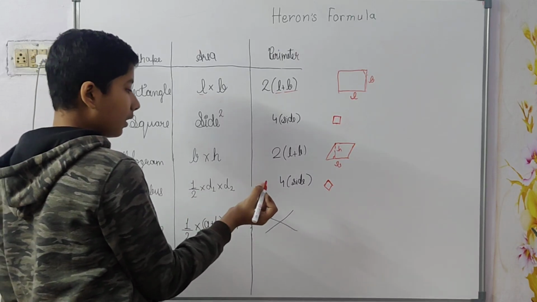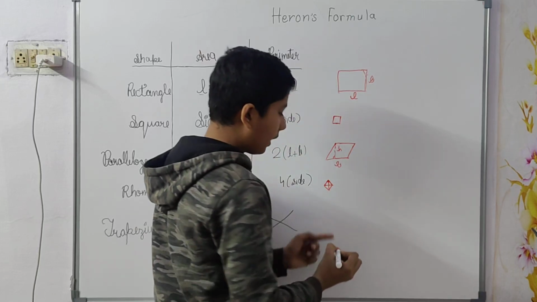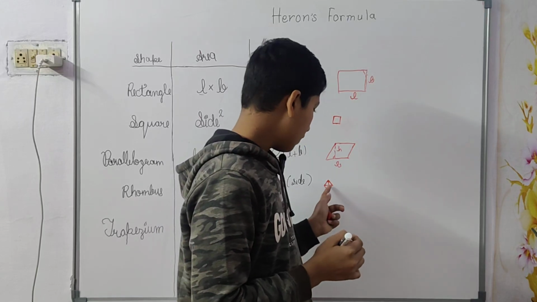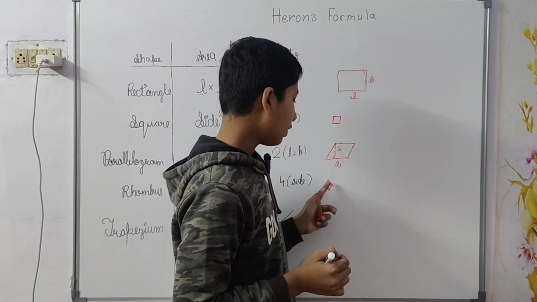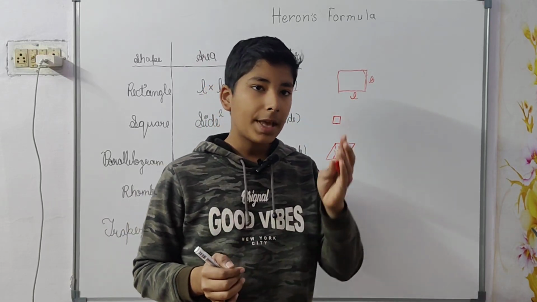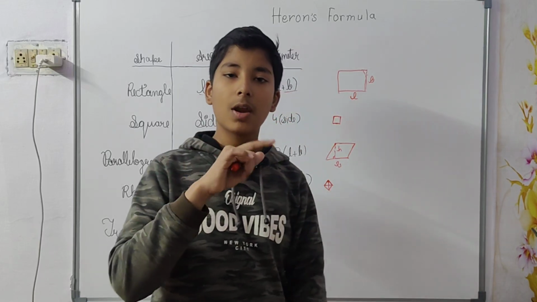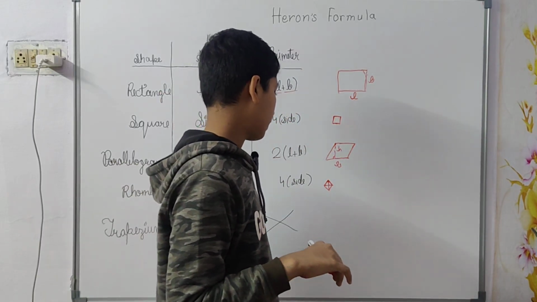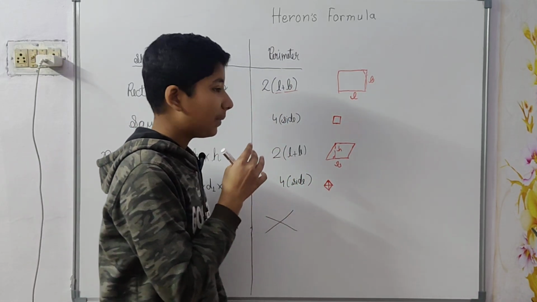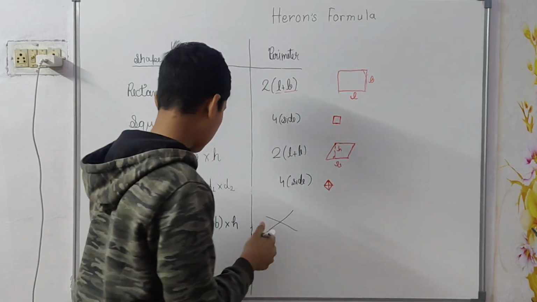To find its area, see these diagonals. You can find diagonals easily by Pythagoras theorem. The area is half into diagonal 1 into diagonal 2. See, diagonal 1 is this one, diagonal 2 is this one. The two diagonals are also not equal in this figure. And its perimeter is 4 into side, as all the sides are equal in it.